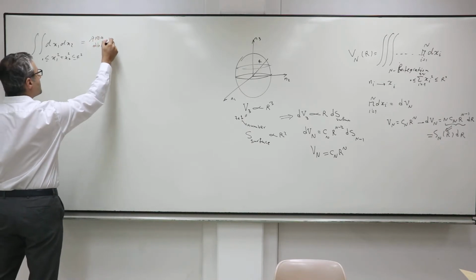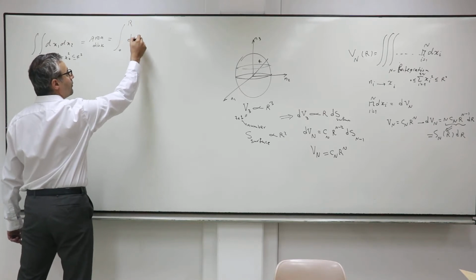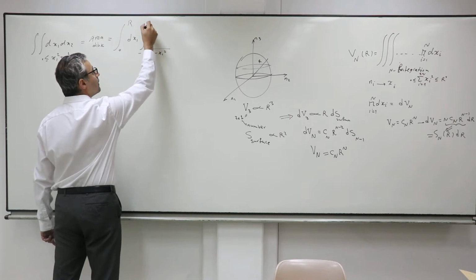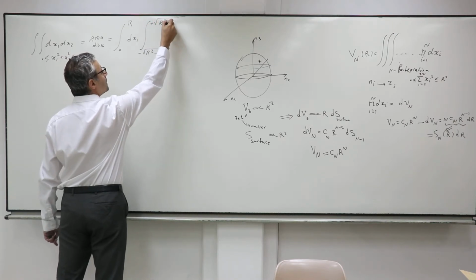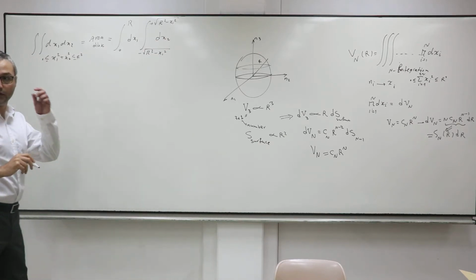You need to do dx1 from minus to plus square root of R squared minus x1 squared, an elementary calculus task. After the integration, you will find pi R squared.